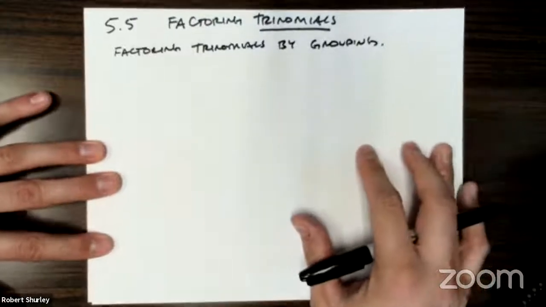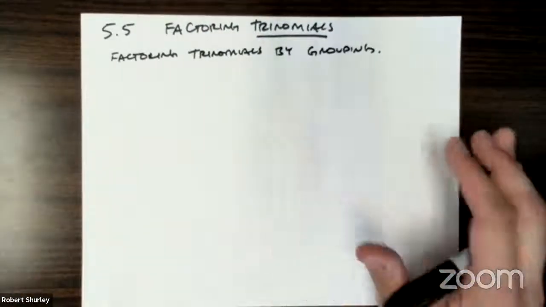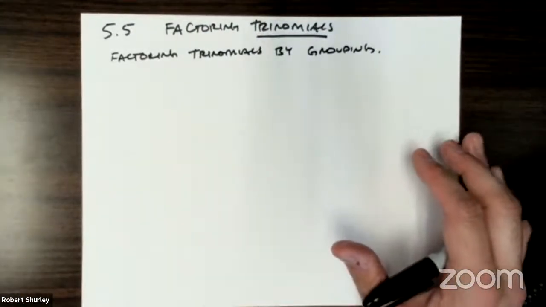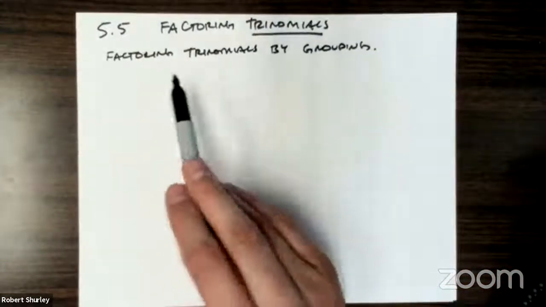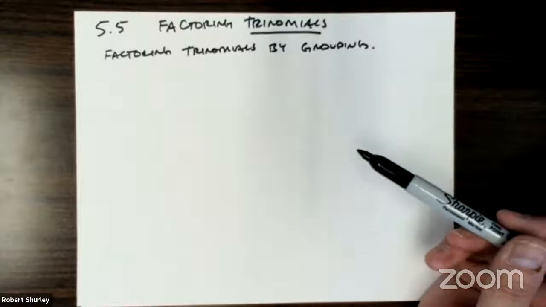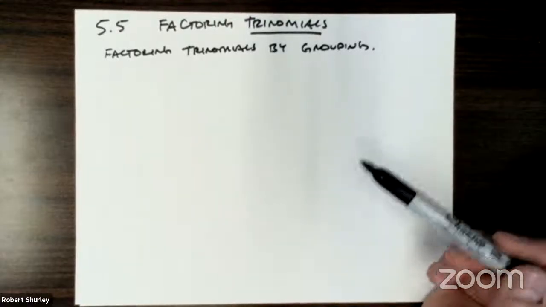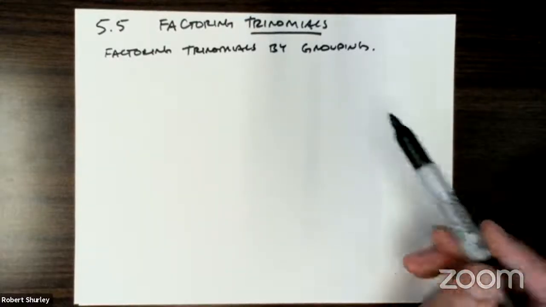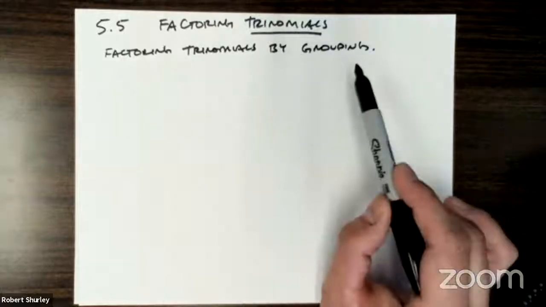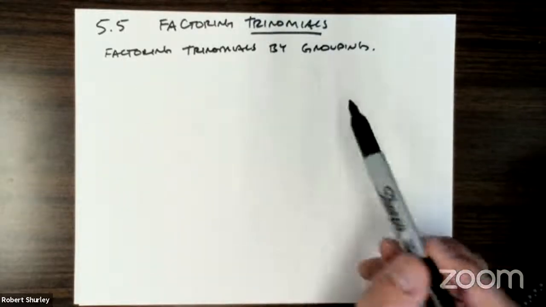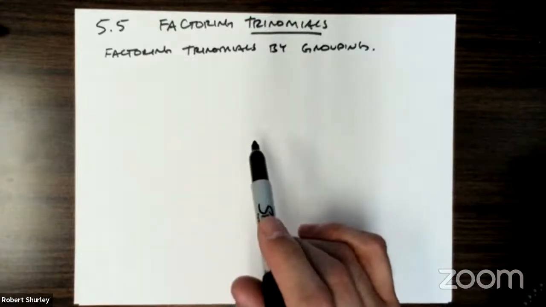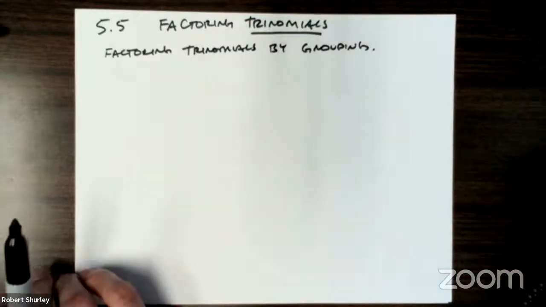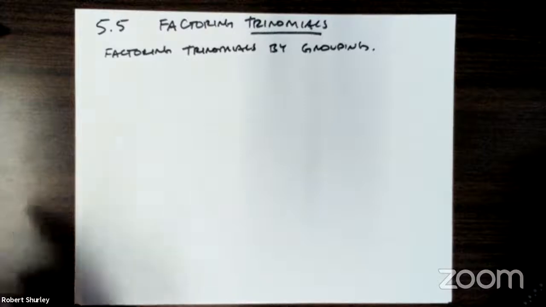If you're watching the video now, you might not have done the homework from 5.4 yet, but this is going to be a lot like 5.4. It's going to be very similar. You need to do the 5.4 homework first so you know how to factor by grouping, before you get to this section. Because really what I'm doing is adding components to factoring by grouping.